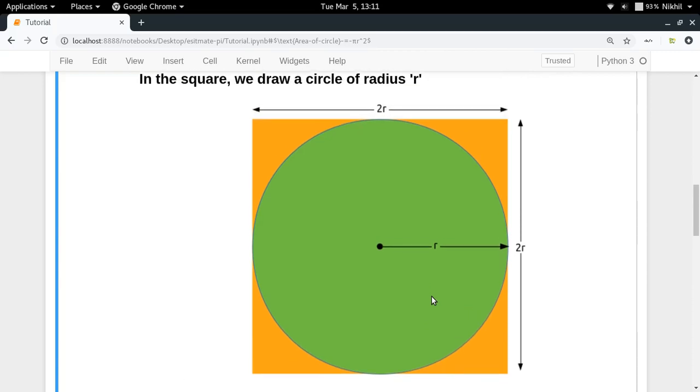Now consider that you throw an infinite number of darts on this dartboard. Another way of saying the probability that a dart you throw will fall inside the circular region is that it equals the number of darts which fell inside the circular region divided by the total number of darts that you threw on the dartboard.